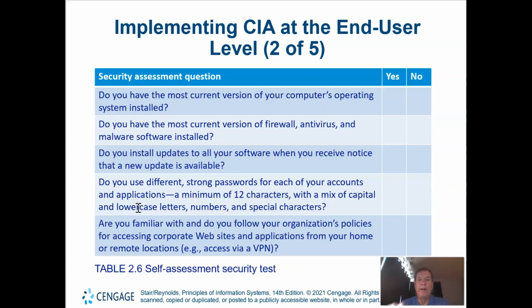Now, there's kind of a checklist for end user security. You'd want to ask these questions as an information systems professional as you're standing up protection to ensure CIA of your corporate network and data.